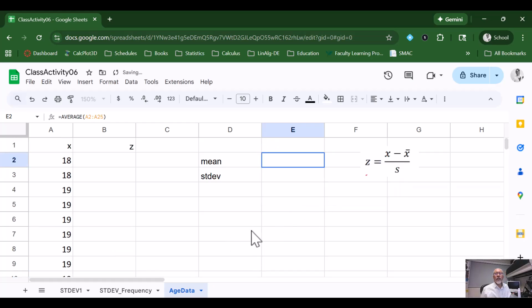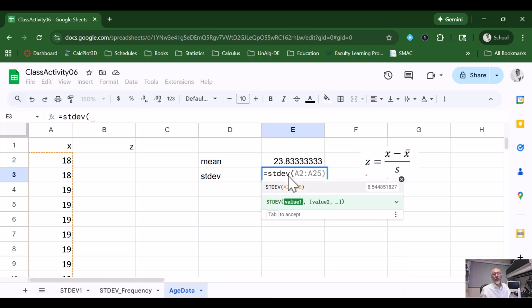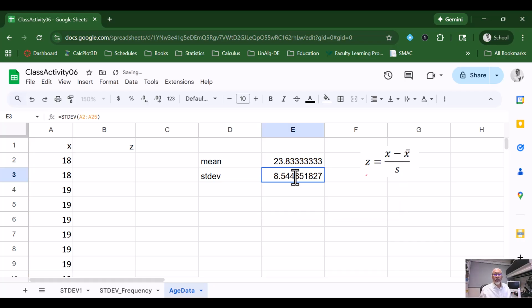I'll hit tab. Then I get the mean, the average age for this class, which is 23.8. And I'll do the standard deviation the same way. I'll say equals STDEV, open parentheses. It's giving me the same range, which is exactly what I want. So I'm going to press tab to agree to that. So these are my values.